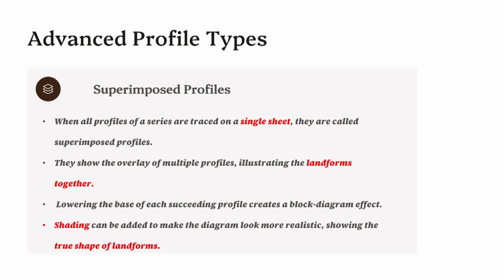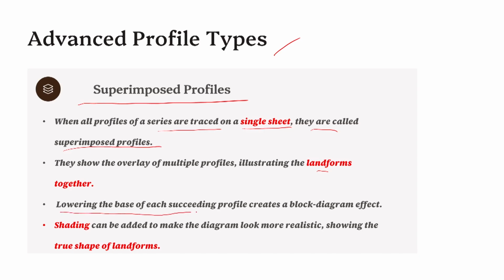Then advanced profile types: other than the simple profile and the serial profile, there is the superimposed profile. It is a kind of profile where all the profiles of a series are traced on a single sheet, and they are called the superimposed profile. They show overlaid multiple profiles illustrating the landforms together. So, not a single landform, but all the landforms compositely covered in that area, we can map through the superimposed profile.